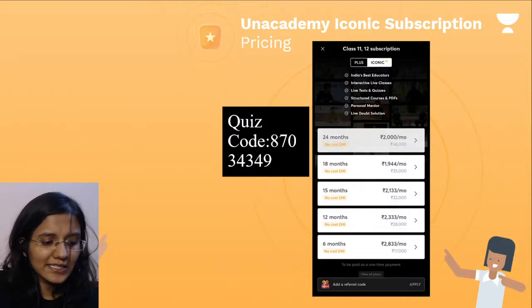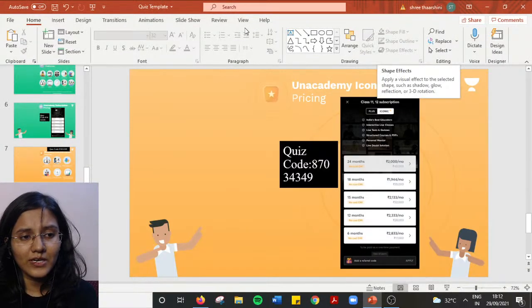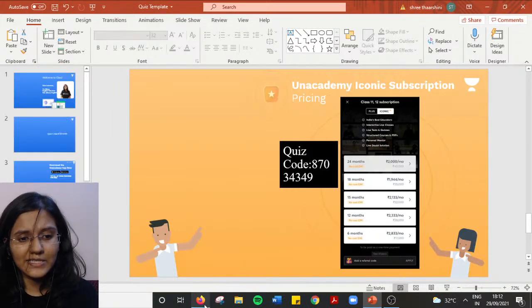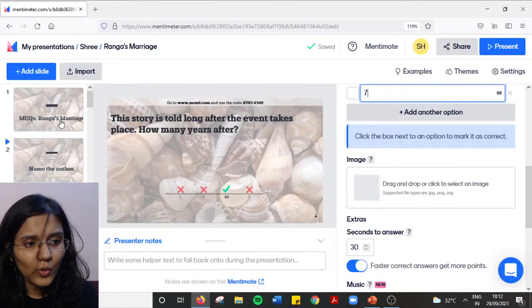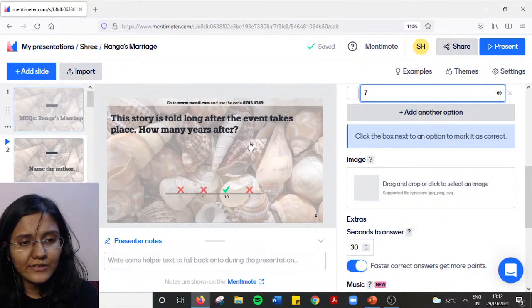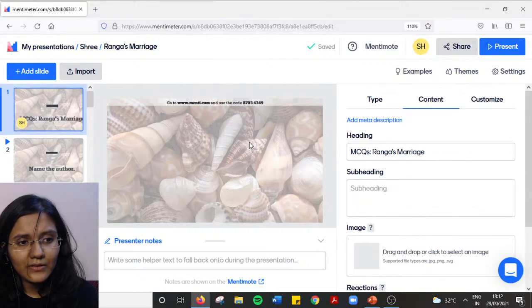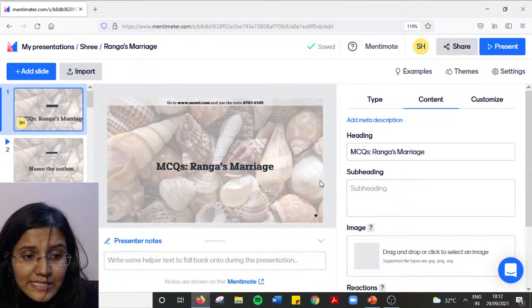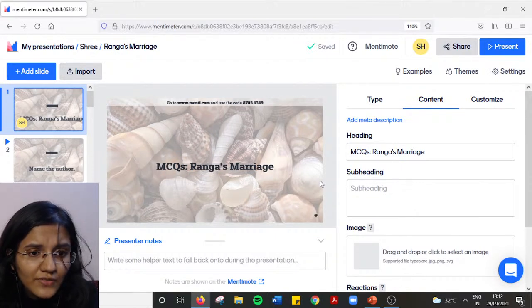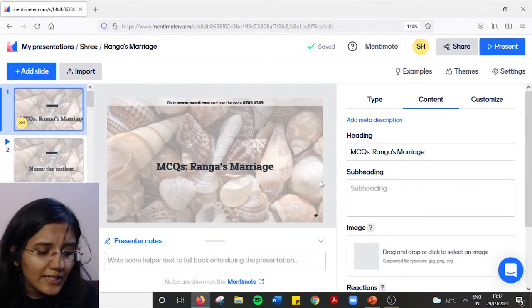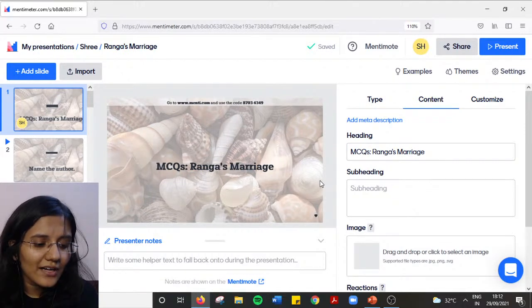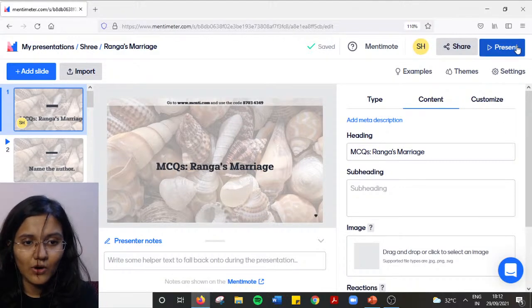Yes, Zakir, I can see that the code has not been supported. Let me see what's up with that. I'm going to open the quiz and let's see. Okay, 87034349. That is the right code, Zakir. Oh yeah, it's not started, Zakir, but you should be able to use the code. It's not wrong, right?